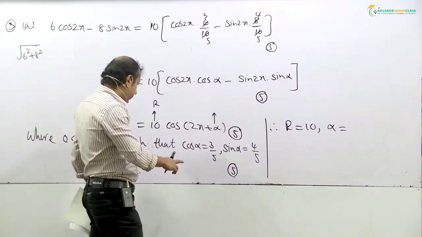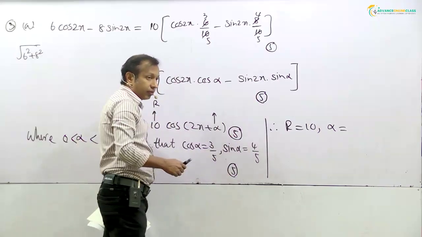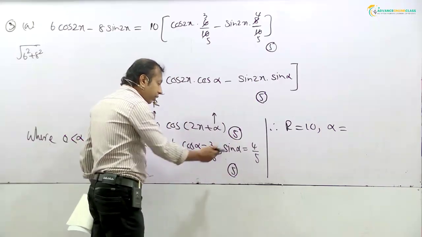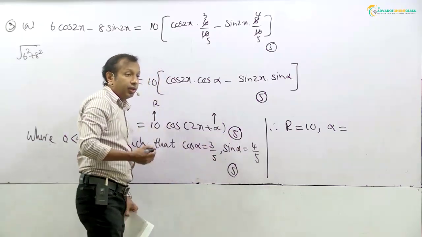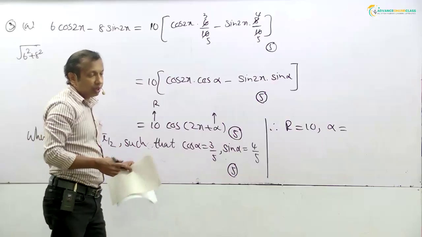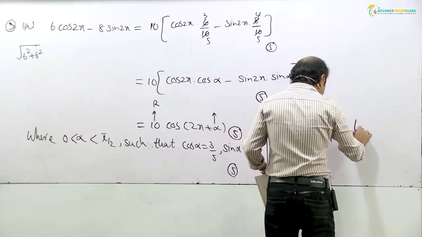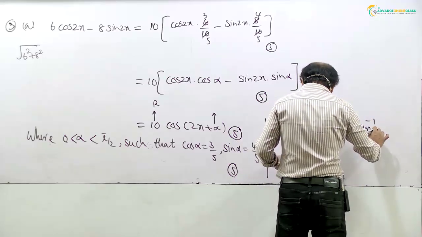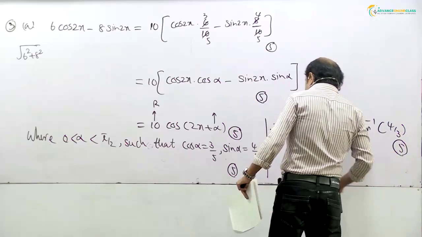Alpha you can write as cos inverse 3 by 5 or sin inverse 4 by 5. Or when you divide this by this, what do you get? We get tan inverse 4 by 3. Whichever you write, you get the marks. I write tan inverse 4 by 3. For this also, 5 marks given.